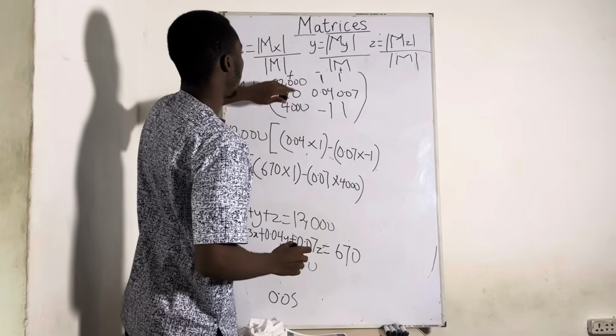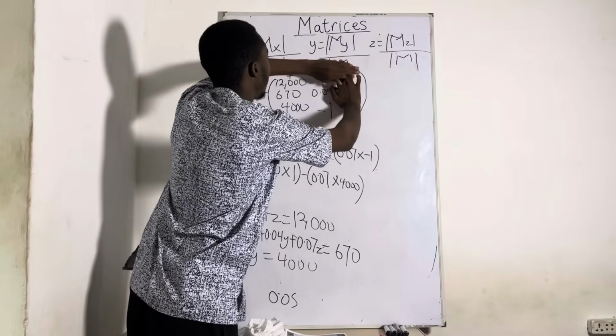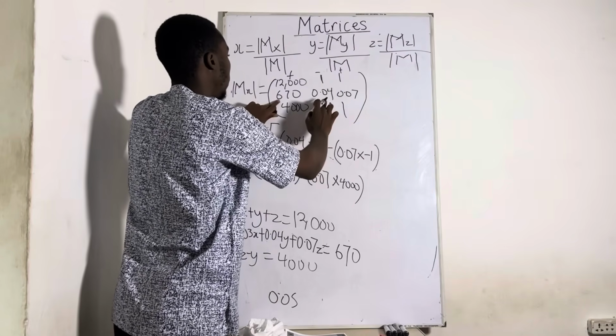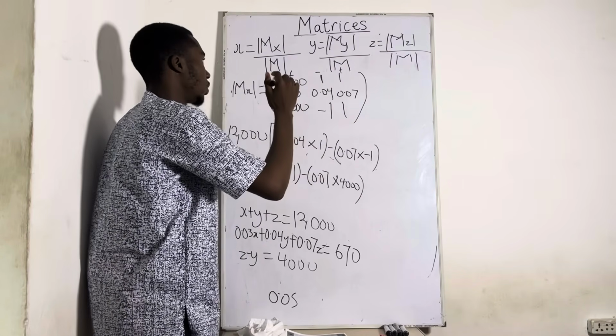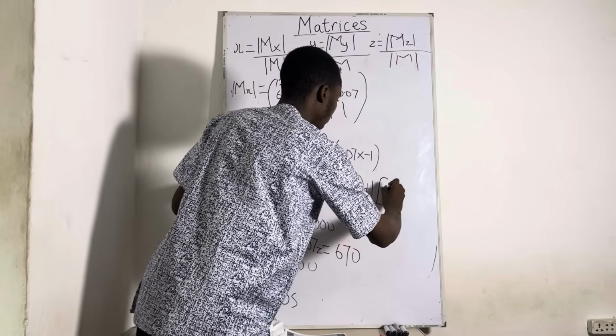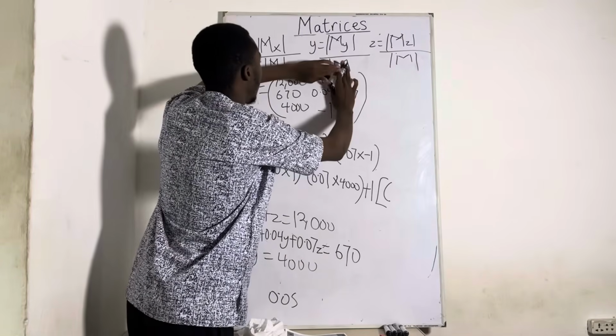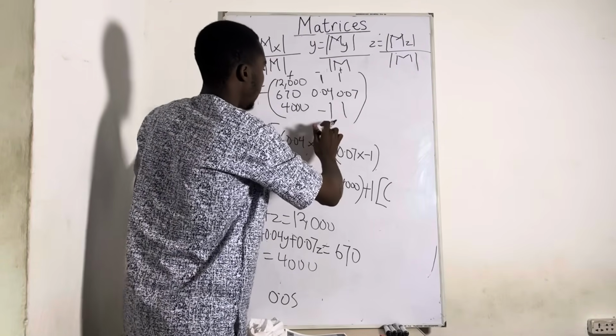Then we go to the last one, which is the positive one. So positive one, this and this are going to cancel. So let's say 670, 0.04, 4,000 and negative 1. So plus 1. Then you open the brackets into brackets. So this and this are cancelling. So we get 670 times negative 1.